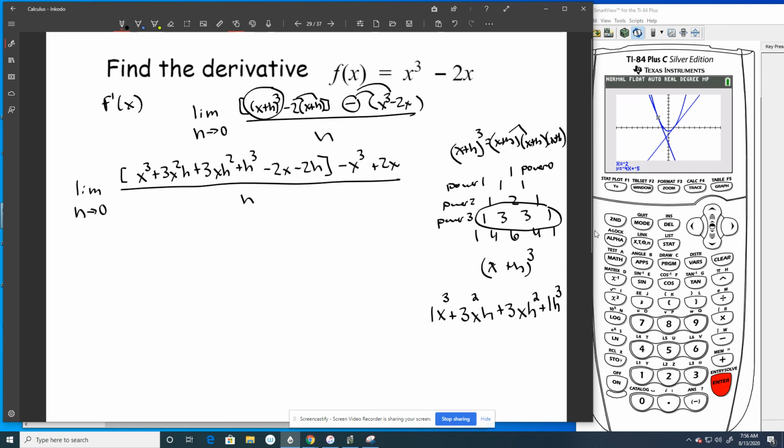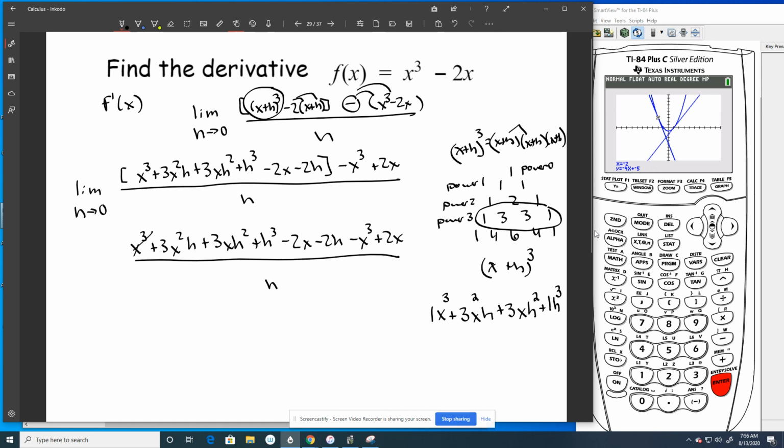So let's see what we can do to simplify things here a little bit. I can get rid of the brackets. So I've got x cubed plus 3x squared h plus 3xh squared plus h cubed minus 2x minus 2h minus x cubed plus 2x. And all of that's going to be over h.